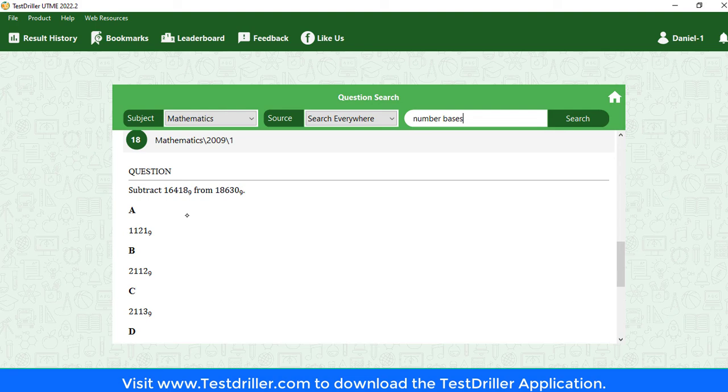So that's what the question says. So I'm going to show you how to do that now. That is, we subtract 16418, which is in base 9, from 18630, which is also in base 9.